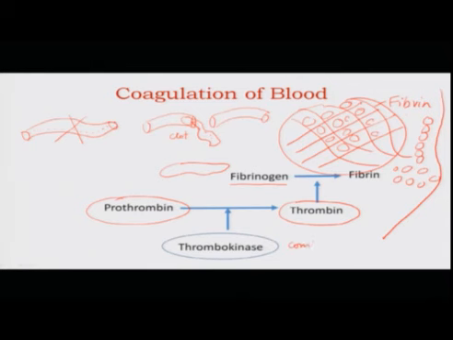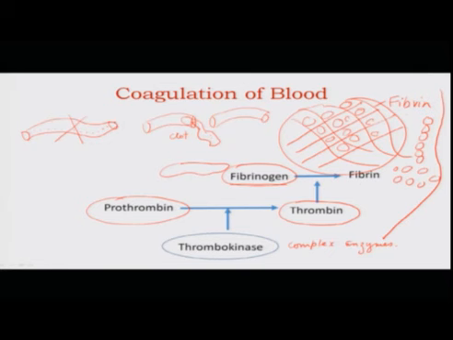This is a complex of enzymes. This complex of enzymes together makes the prothrombin convert to thrombin, and this thrombin then can convert the inactive fibrinogen to fibrin, and that starts the process of the clot.